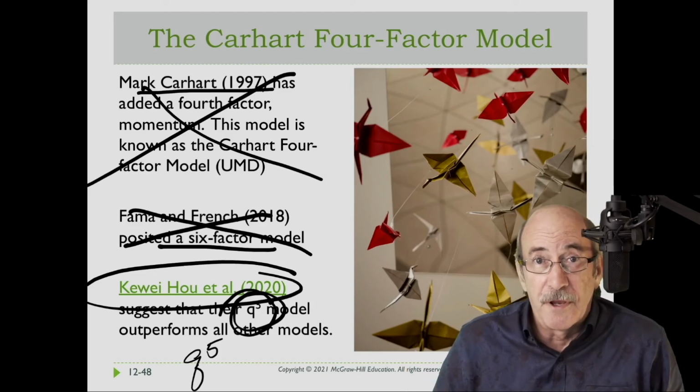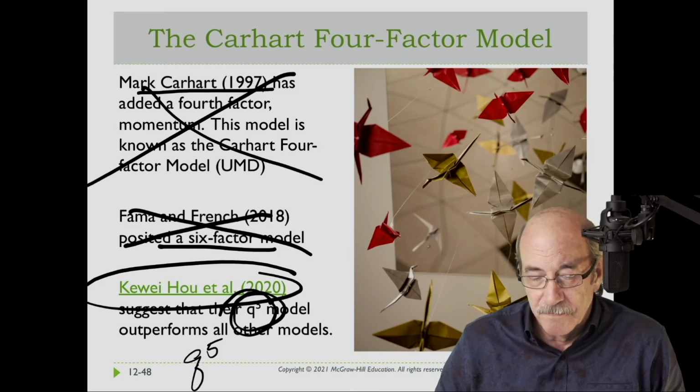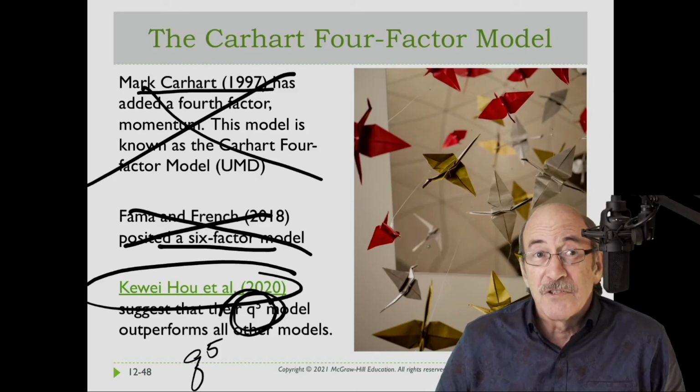Again, these are all theoretical models, and it takes a little time to plow through some of the papers. There's a lot of dense theory and math in most of these papers, but it can be done, and that's going to give you a better estimate of, are you really beating the market?